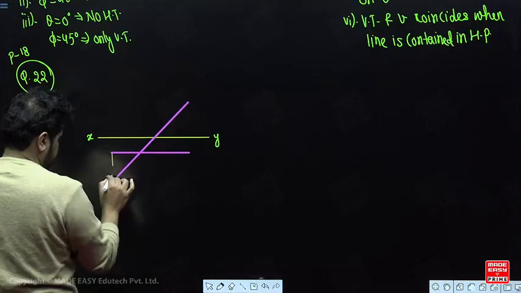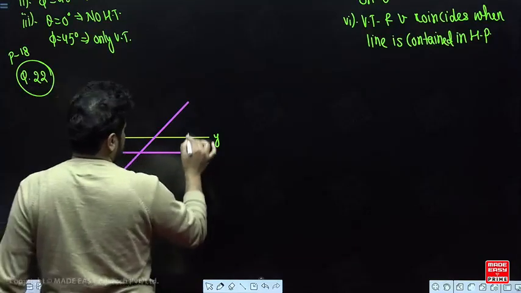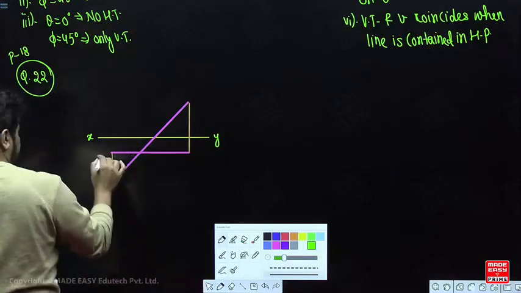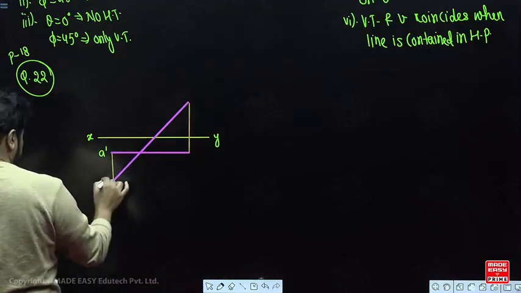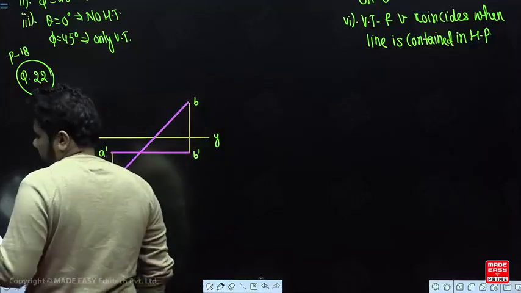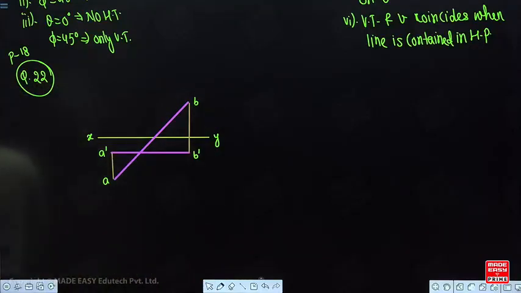Correct. Fine. Now what is given? It is given a dash and a, b dash and b. They are asking to observe the following drawing and choose the correct statement.